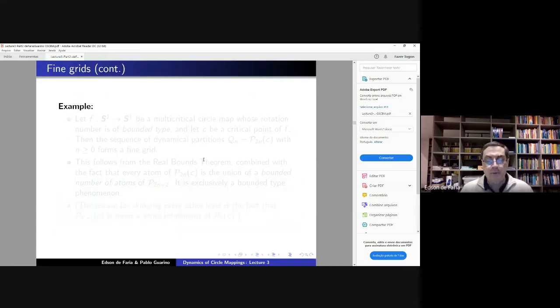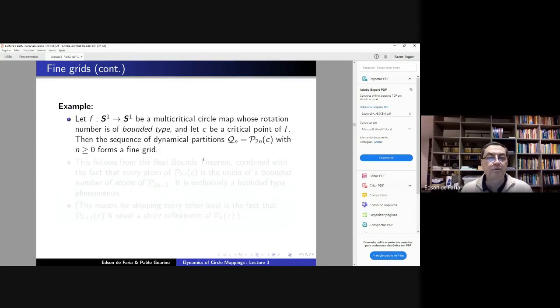So here's an example of a situation where it's easy to build a fine grid. So suppose you have a multi-critical circle map, and it has a rotation number which is an irrational number of bounded type. And let's take a critical point of this map, and let's look at the dynamical partitions associated to this critical point. Remember that I defined this in the first part of the lecture.